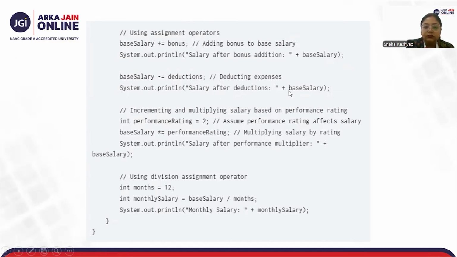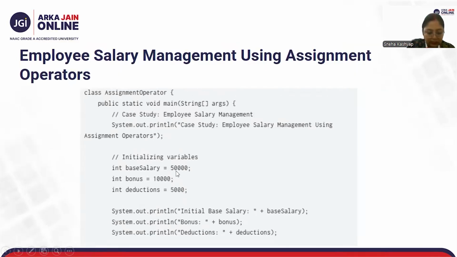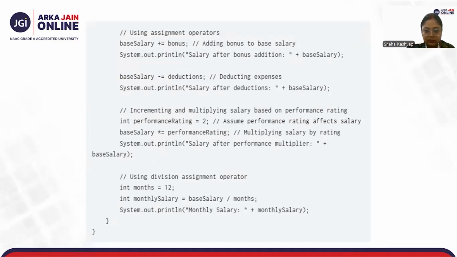So here, what it will do is, initially my salary was 50,000. Upon deduction of 5,000, my updated salary becomes 45,000. So it will print salary after deduction is 45,000. Now, incrementing and multiplying the salary based on the performance rating.